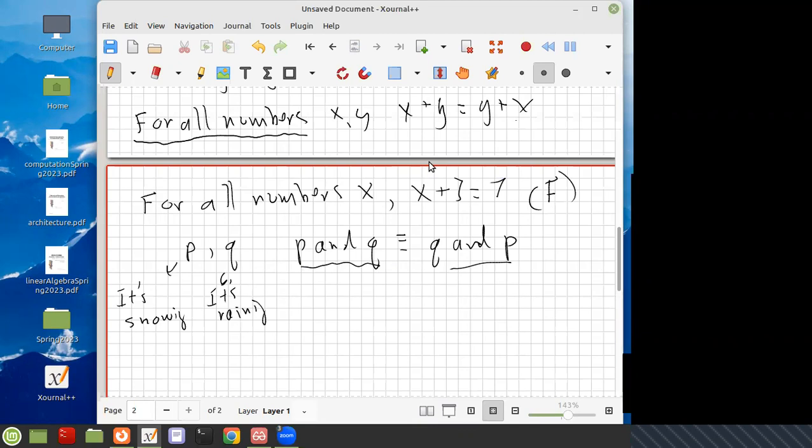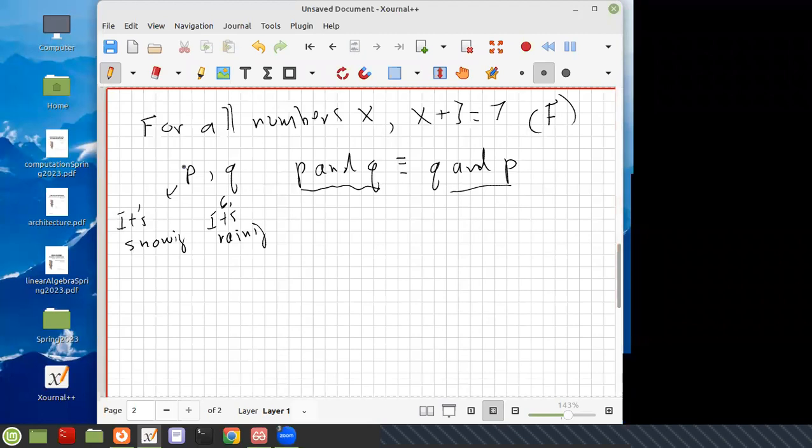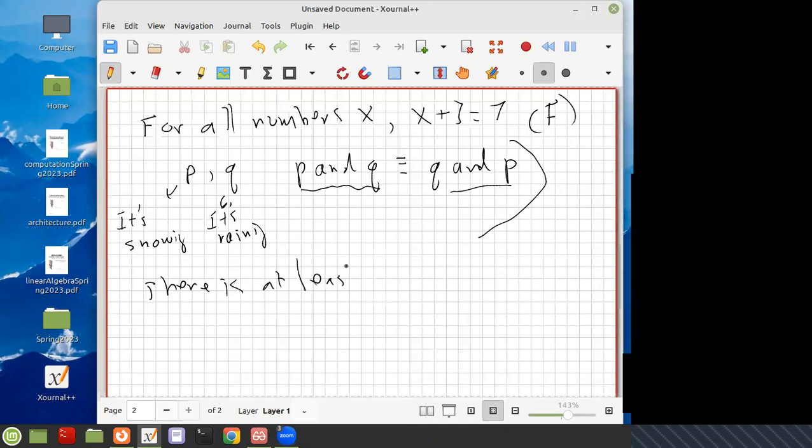Okay, so now we could make a different kind of proposition out of this claim here to say there is at least one X such that X plus 3 equals 7.